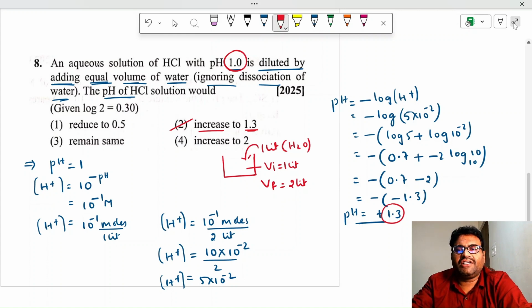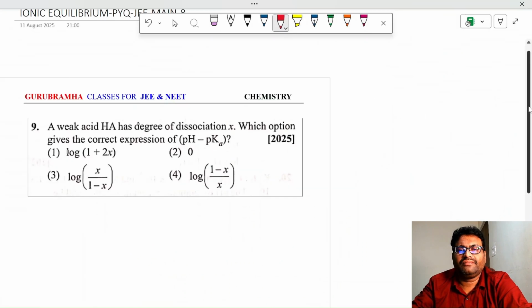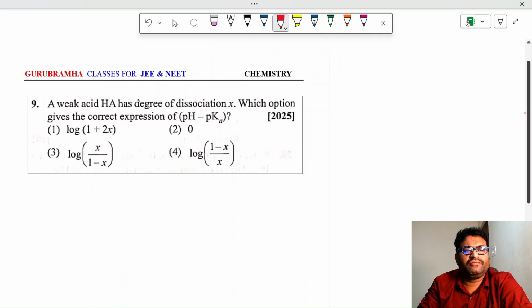Next, let us see the next question. Dissociation of weak acid. Here it is asked about the dissociation of a weak acid. A weak acid HA has degree of dissociation X. Which option gives the correct expression for pH minus pKa?